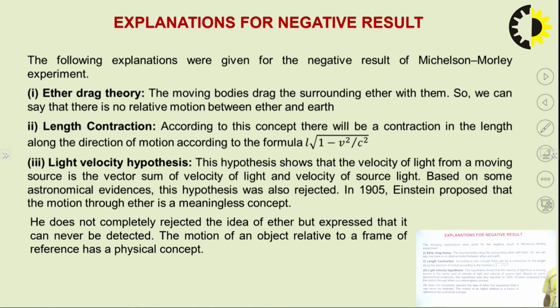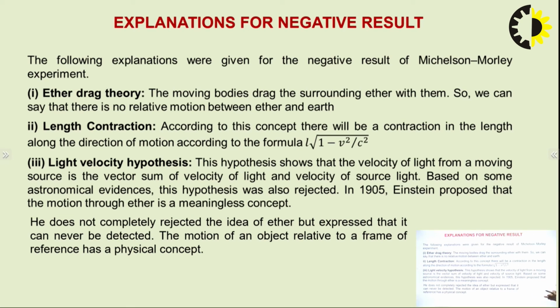but the scientific community of that time was not directly convinced by this negative result. They tried to give certain justifications in favor of these negative results, and they tried their best to save the ether hypothesis.